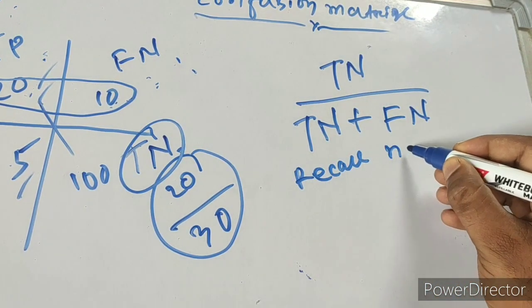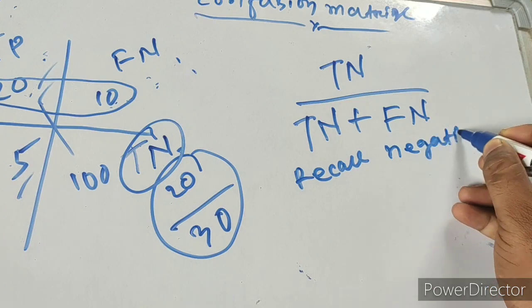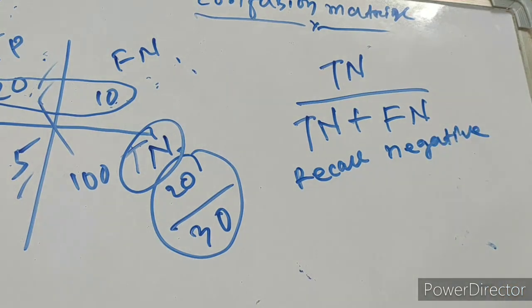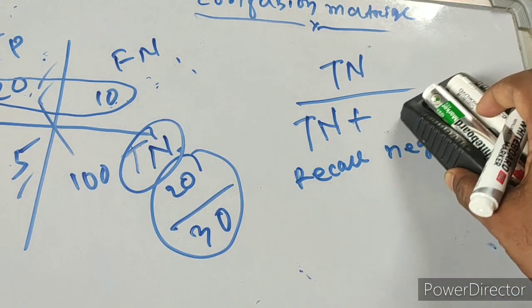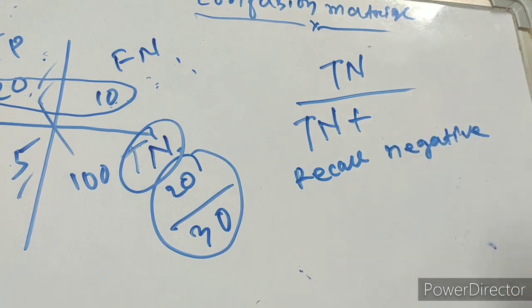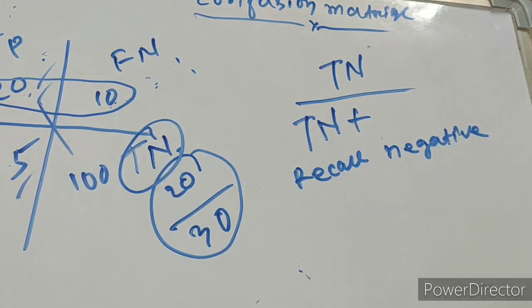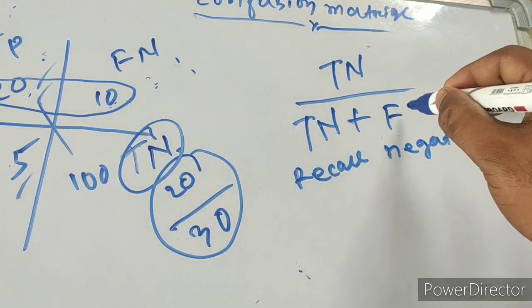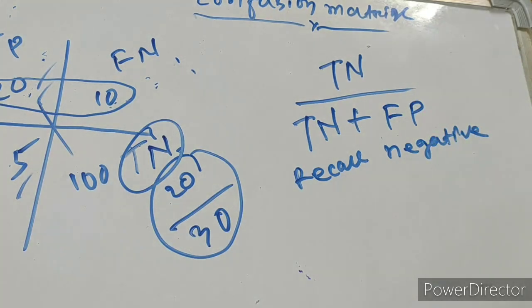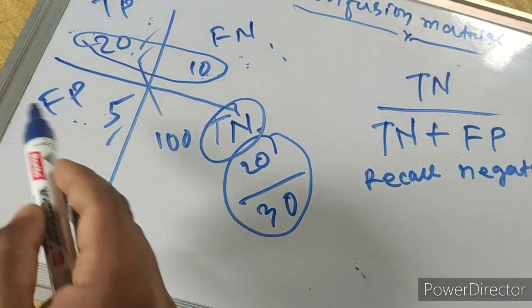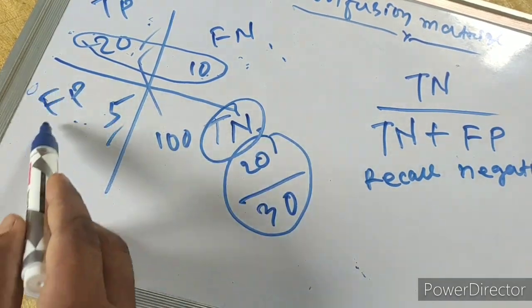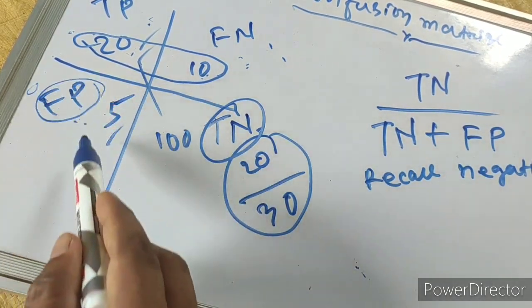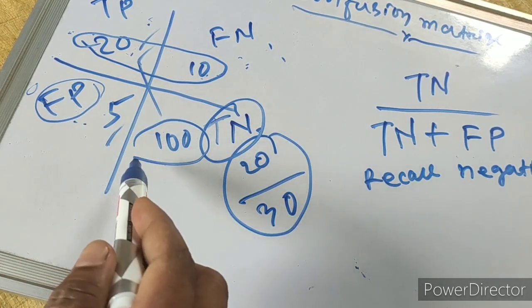of negative, so in place of false negative, we can write here false positive, because this is negative value 0 and this false positive is wrongly classified and this is correctly classified.